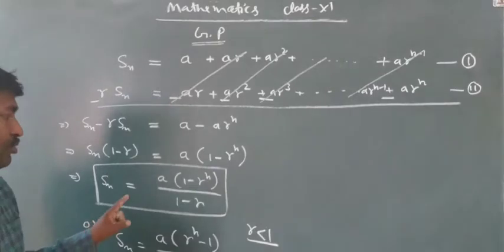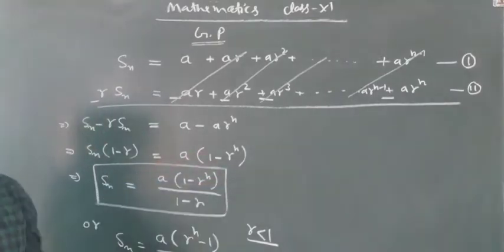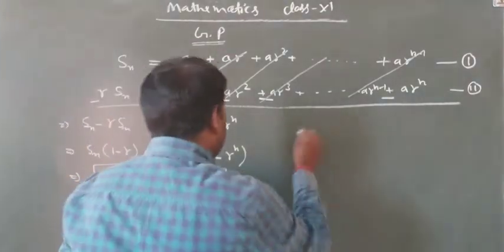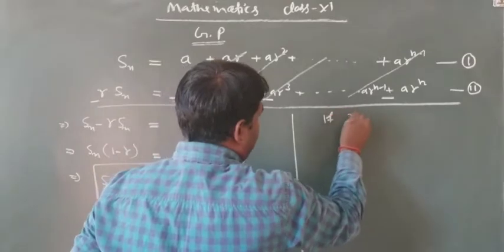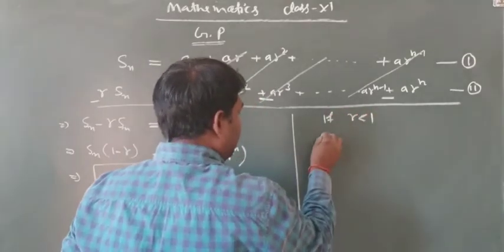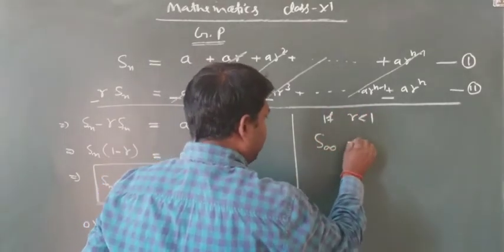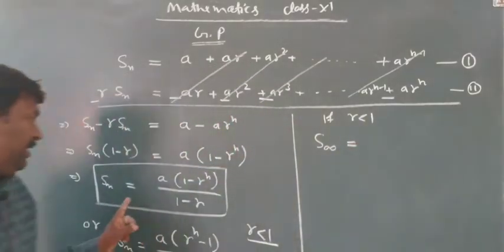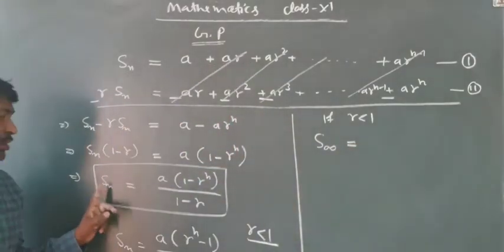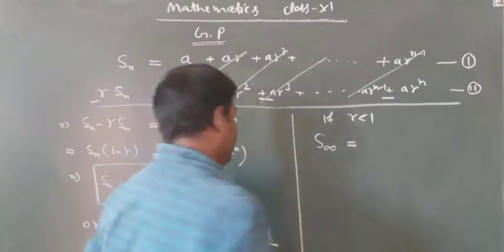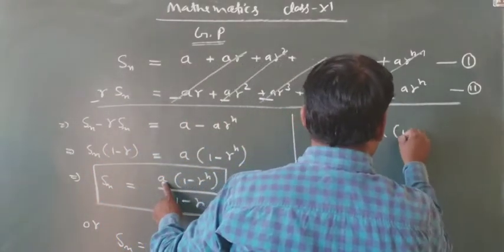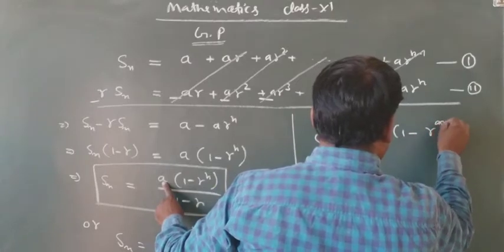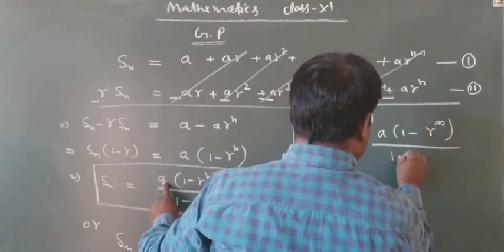Now the sum of an infinite number of terms of a GP. Here, if r is less than 1, then the sum of an infinite number of terms, not only n number of terms. So S infinite for r less than 1, just see, first term into 1 minus r power infinite upon 1 minus r.